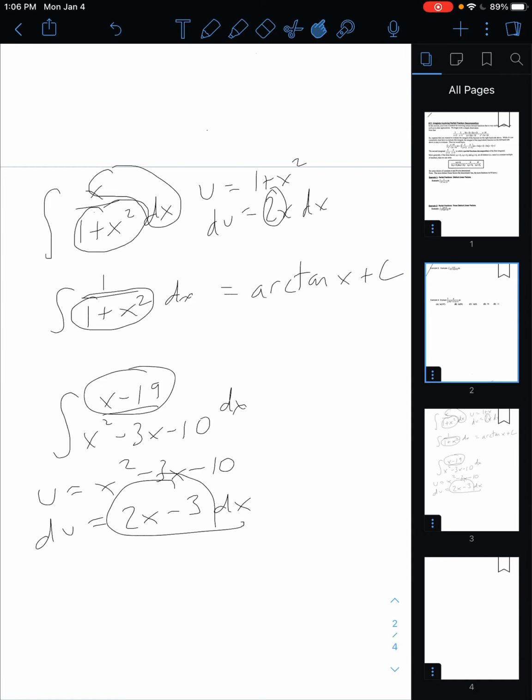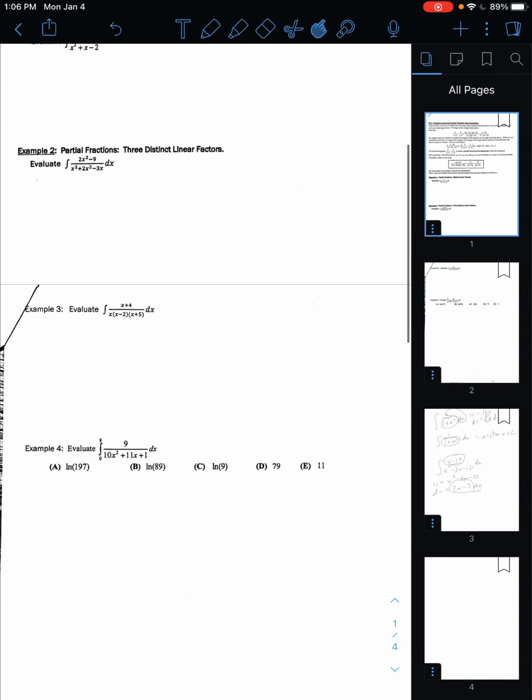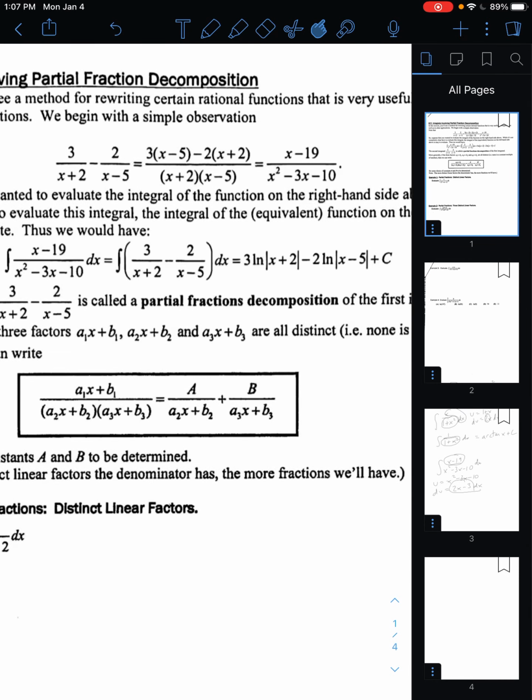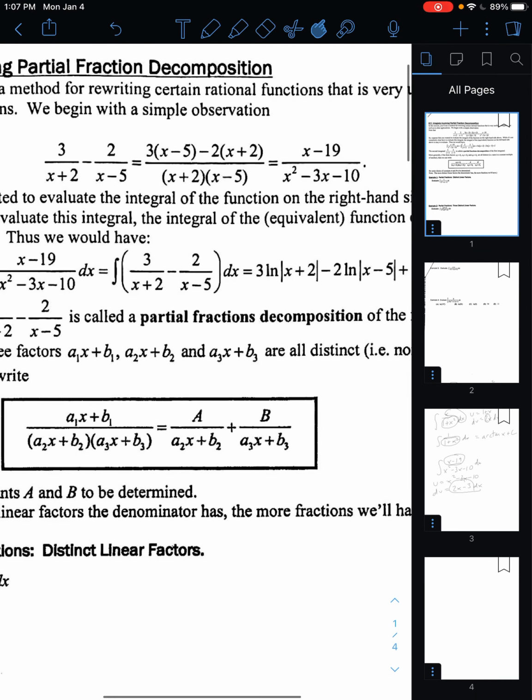So enter partial fraction decomposition. I'm not going to read through all this, but here's what I want to explain of what's happening. I want you to look at this very top line of equations, and I'm actually going to have you focus on it from right to left. This was the fraction we just tried to integrate, and we couldn't integrate it. But here's the deal.